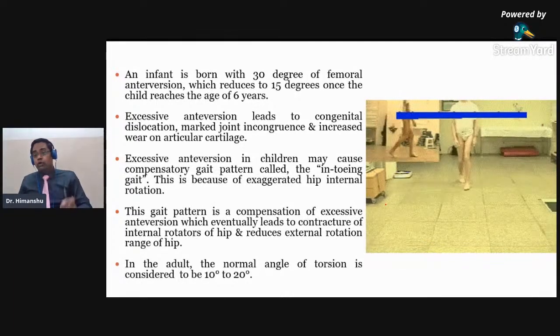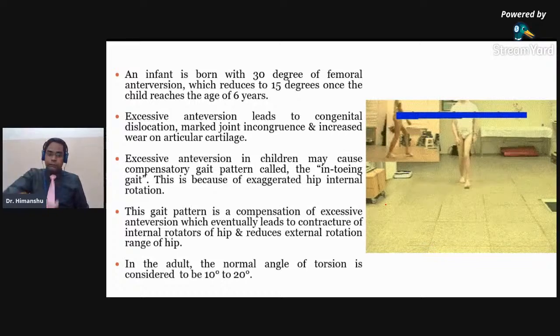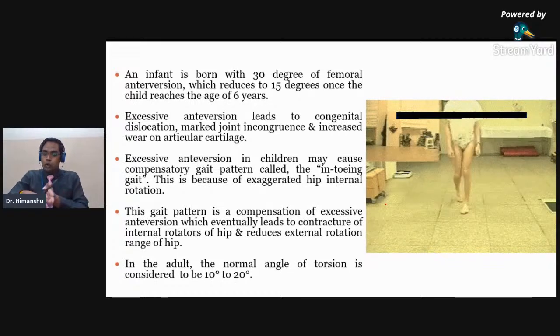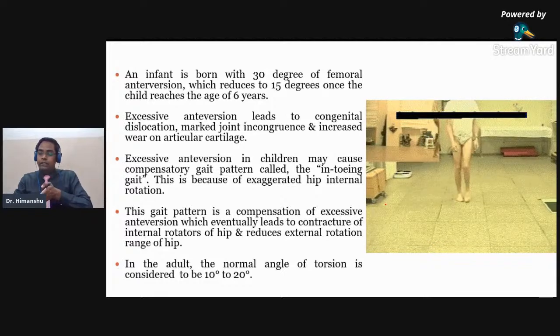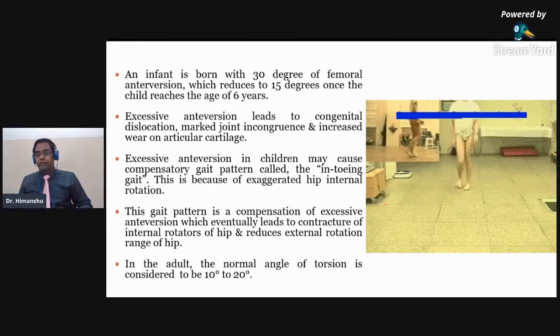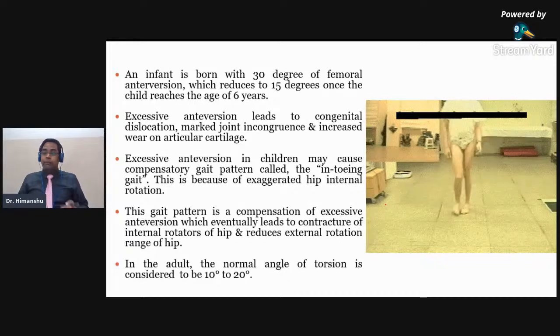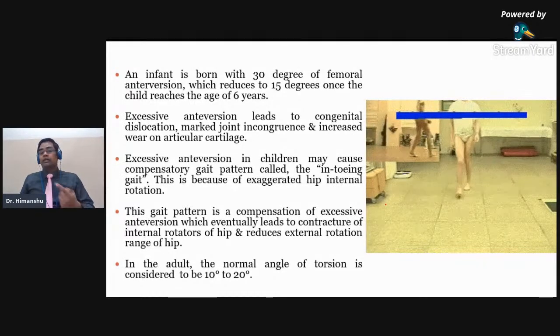With more internal rotation at the knee joint, whenever you place your foot while walking, the toes would point internally. That is known as the in-toeing gait, when the patient starts walking and points the toes internally.